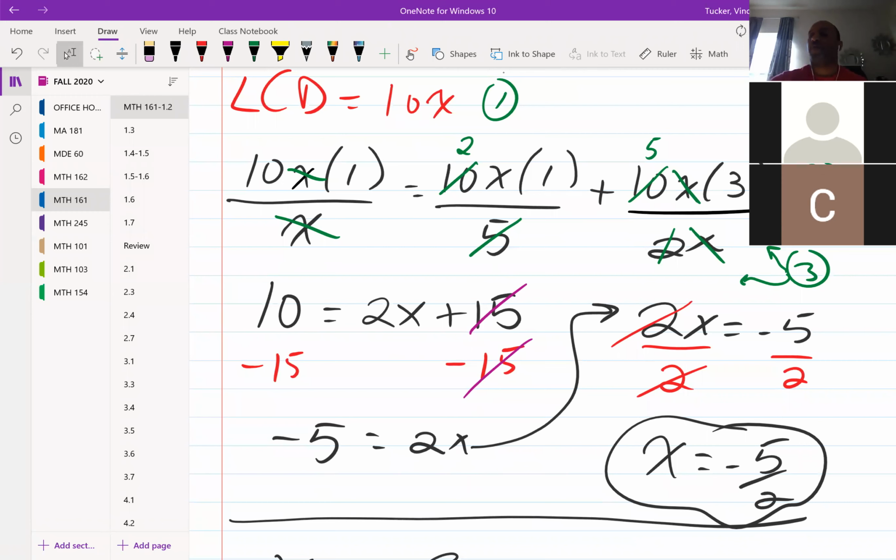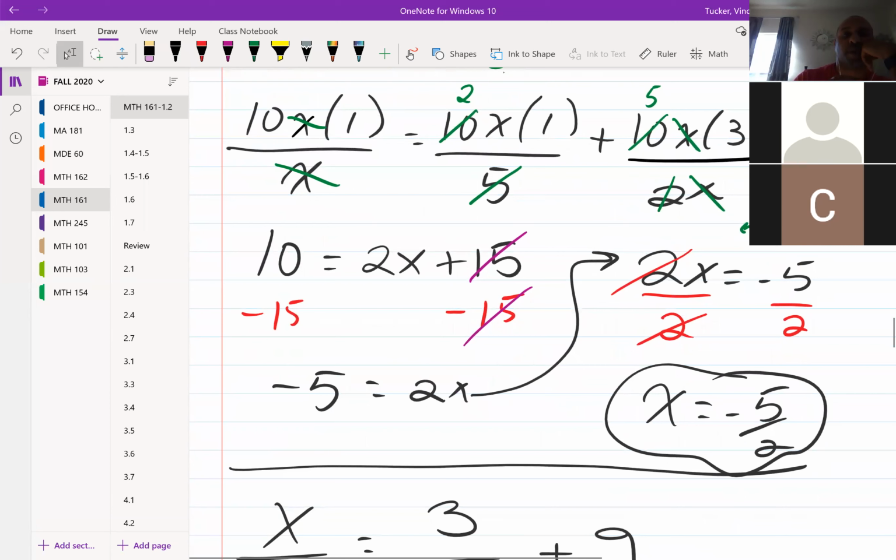So, Professor, I have a quick question about that. How come it ended up being x equals negative 5/2 instead of x equals 5/negative 2? Oh, that makes sense, it's the same thing. So you could have written it as x equals negative 5/2 or x equals 5 over negative 2.